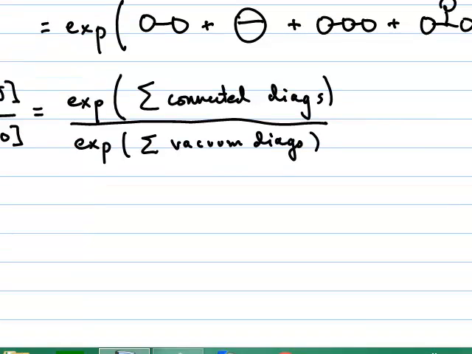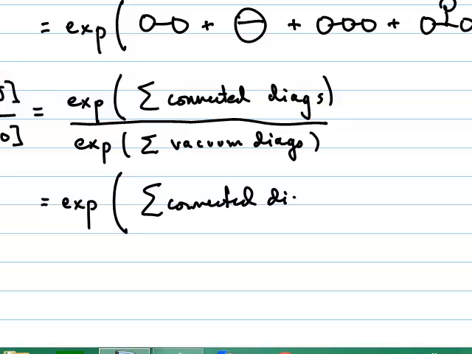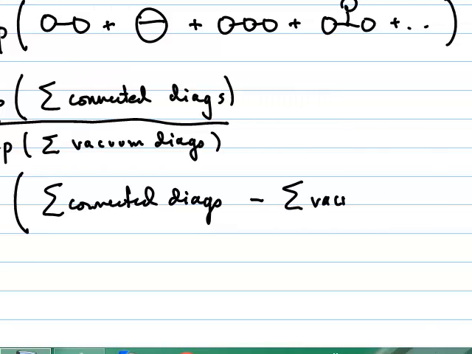So you can just write that as the exponential of the sum of all connected diagrams minus the sum of all vacuum diagrams.